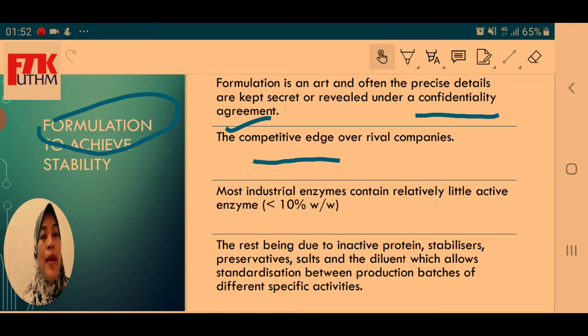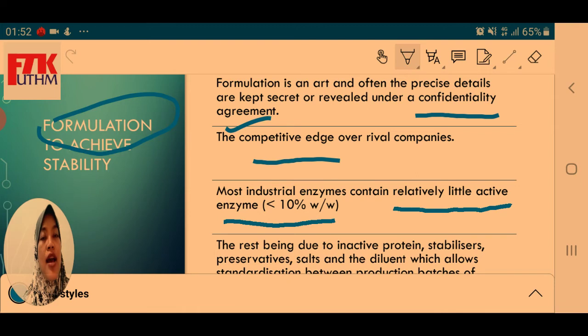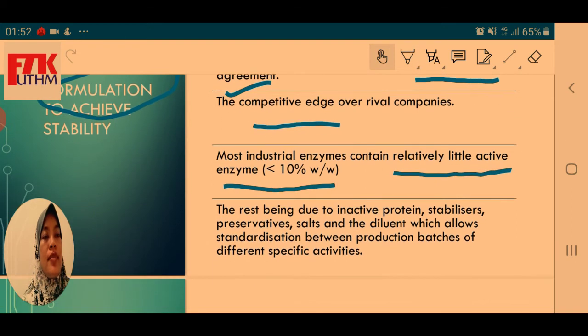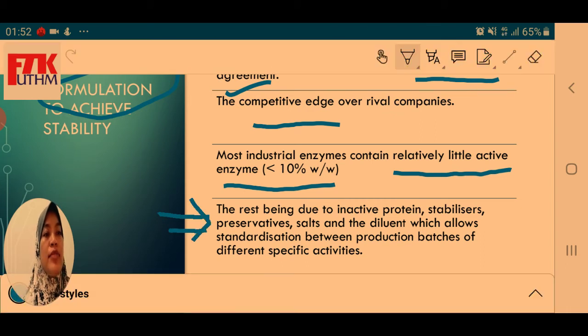You need to remember that most industrial enzymes contain relatively little active enzyme, less than 10% weight over weight. The rest of the bulk comes from the preservatives, the stabilizers, the bulking agents, inactive protein, salts, and also the buffers or the diluents.